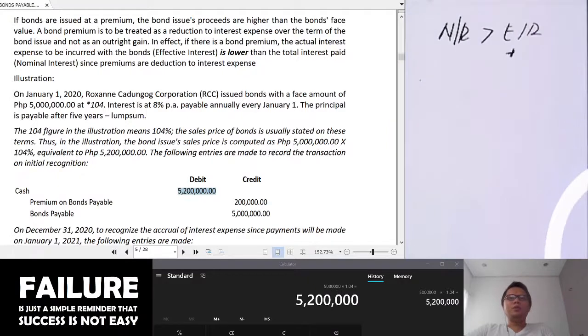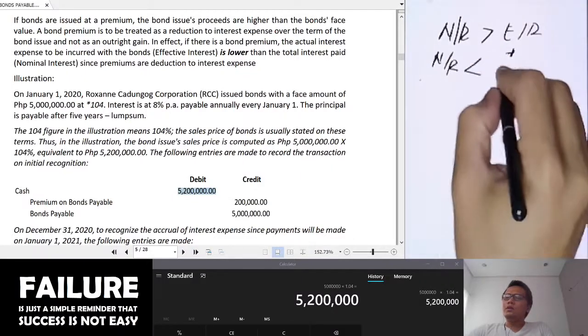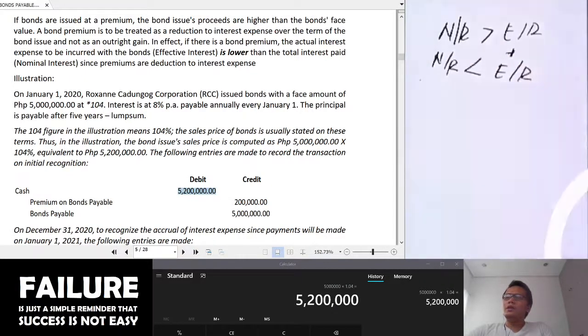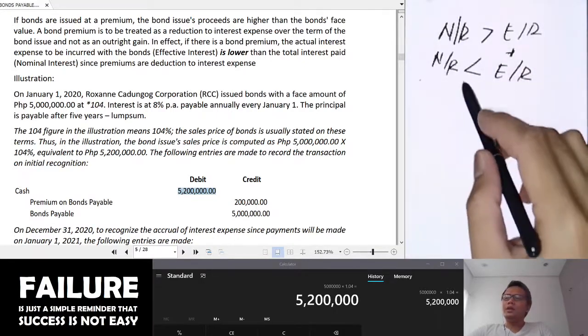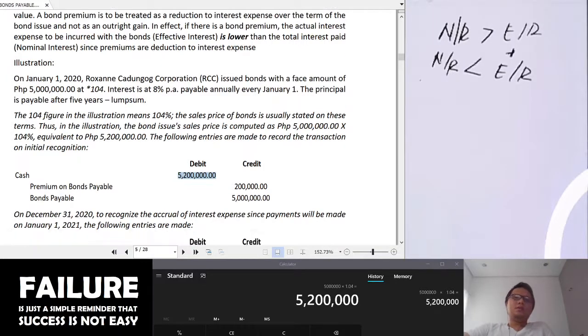Because it is a premium. If it is a discount, the nominal rate is lower than our effective rate, or the effective rate is higher than the nominal rate. Okay, so that is the concept.